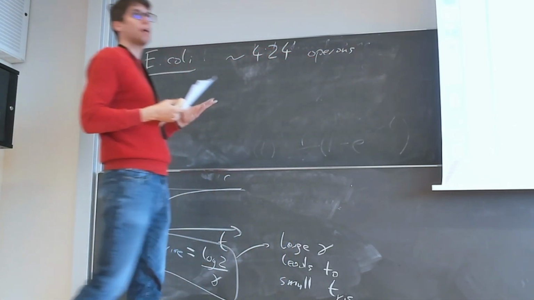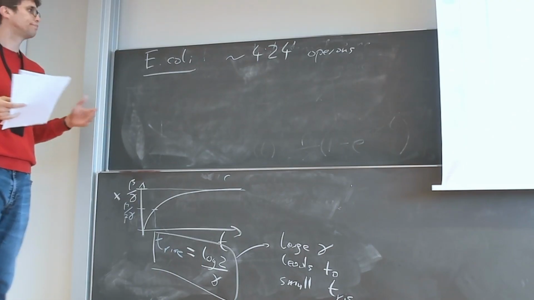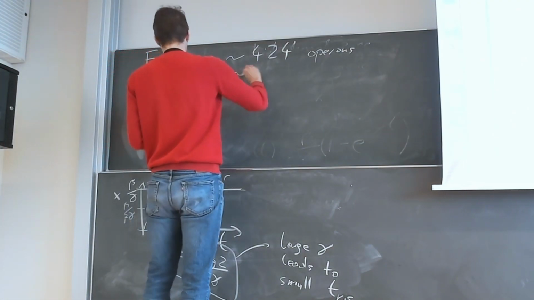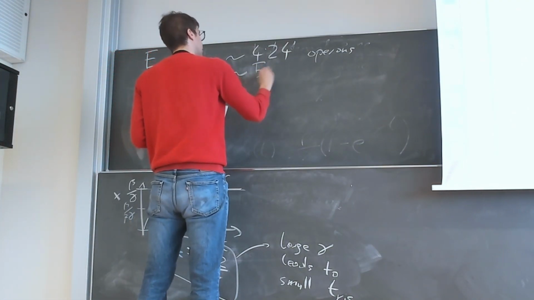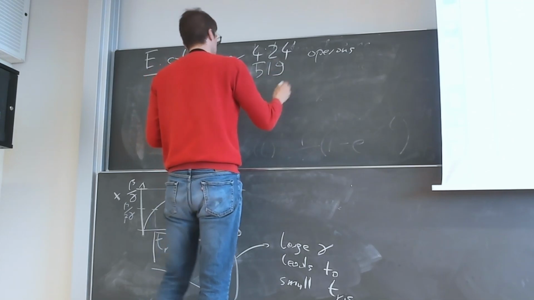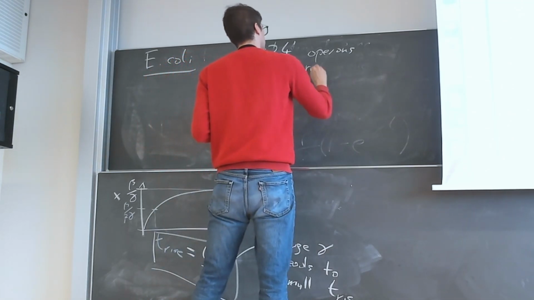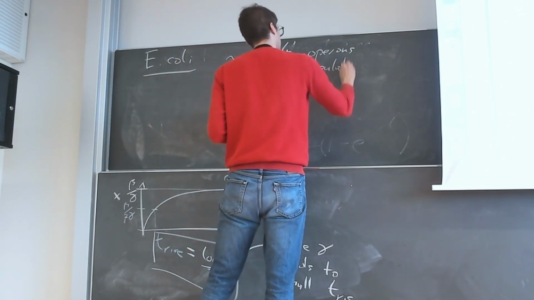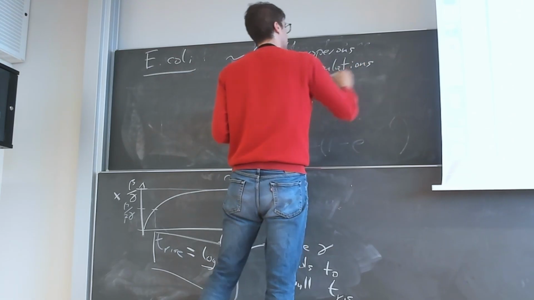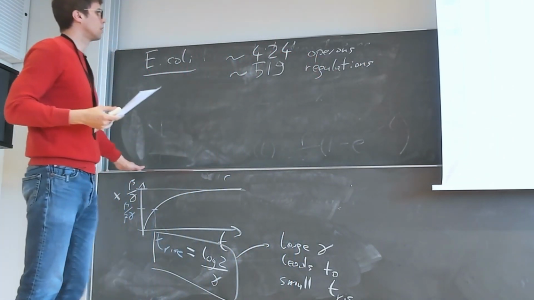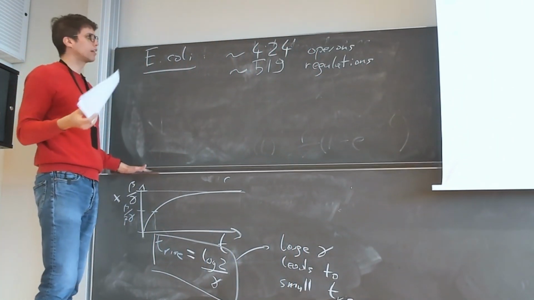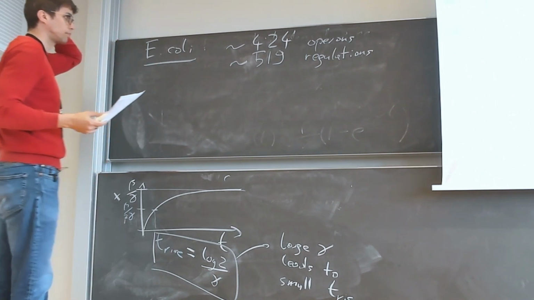Operons are things that can be regulated, up or down. You see around 519 regulations. That means genes that can regulate indirectly or directly other genes.